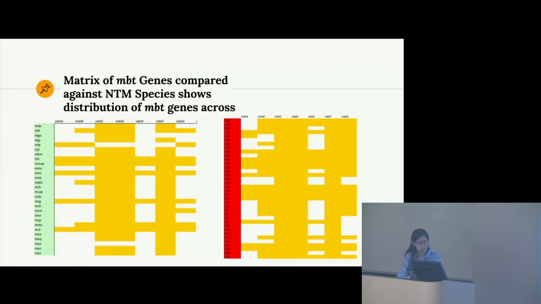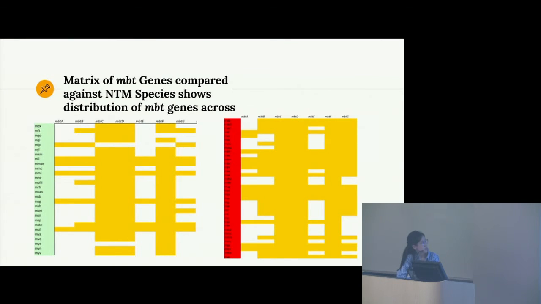Next, these are my results. On the top, you can see the Mycobacterium genes, and on the side is the NTM species. The green ones are non-pathogenic and the red ones are pathogenic. If a species had, let's say, the MBTA gene, I would color that box yellow.